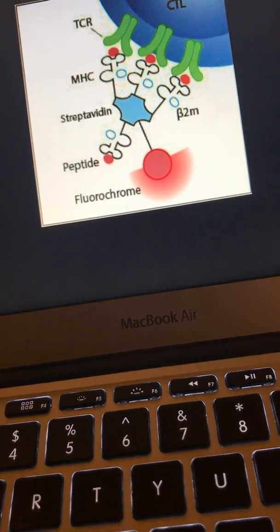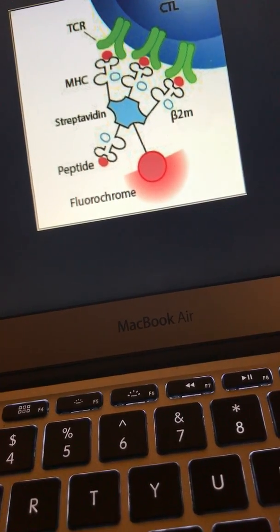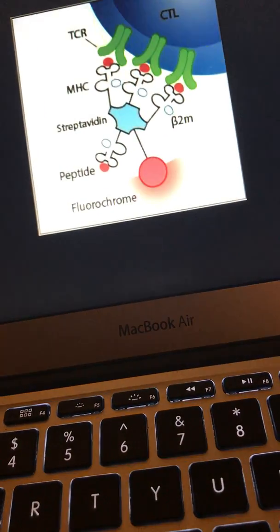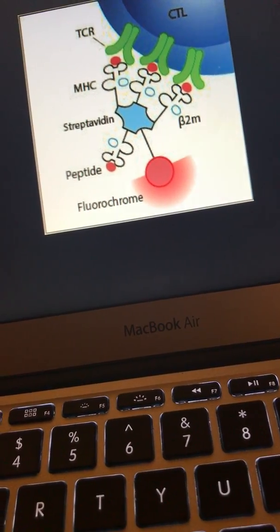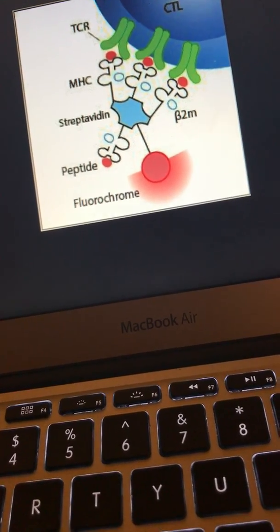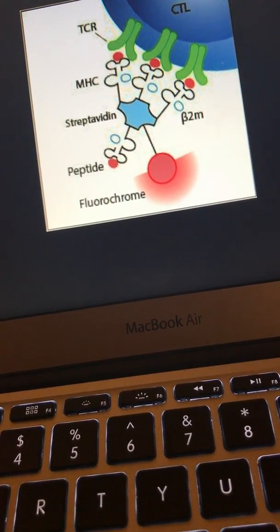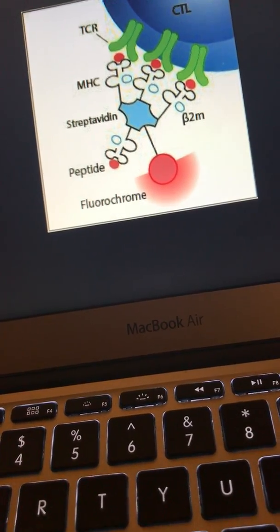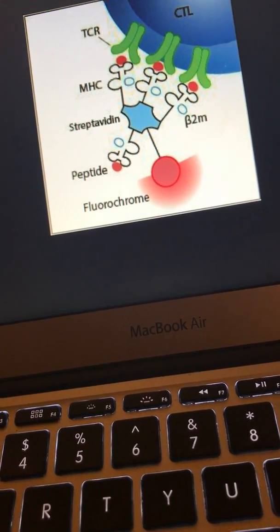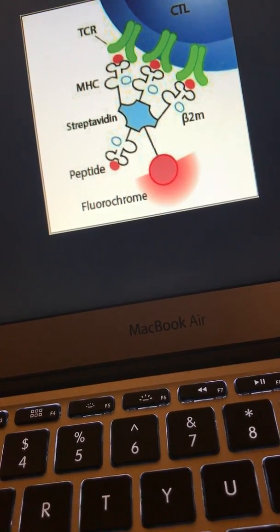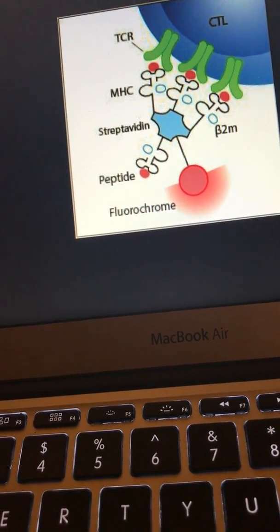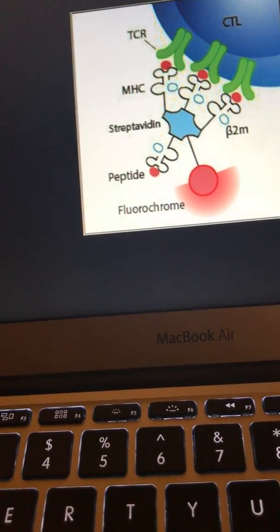The stained samples I just talked about, from the binding of the tetramers to the T cells with the fluorescent molecules, will go through a flow cytometer. What this does is detect and sort what each specific cell has.